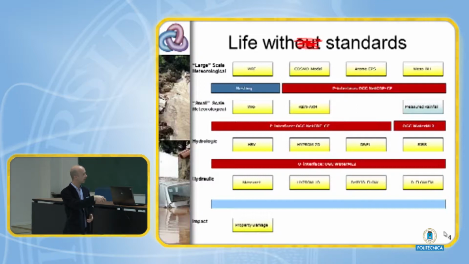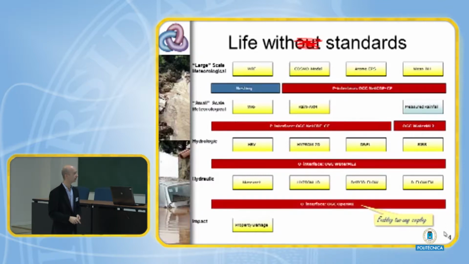And in the interaction between hydraulic and impact models, we're going to use the OpenMI interface. We'll talk more about that tomorrow morning and afternoon. The OpenMI interface will allow a two-way coupling, whereas the other interfaces that we are using are file-based one-way couplings.